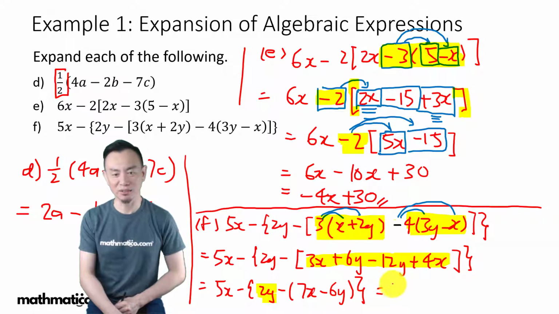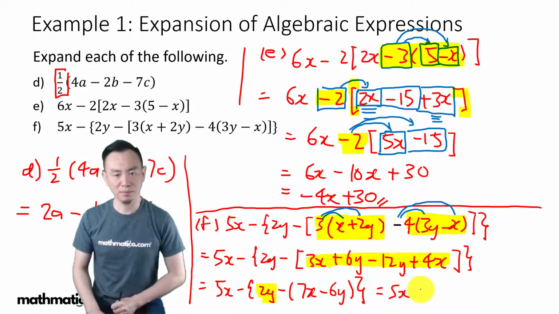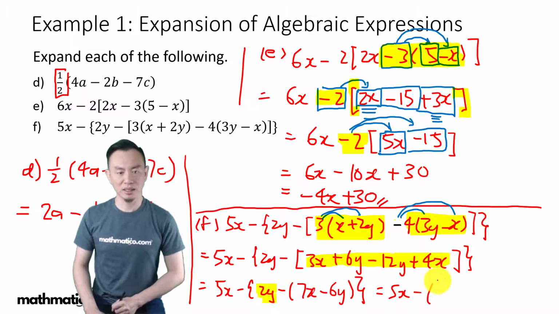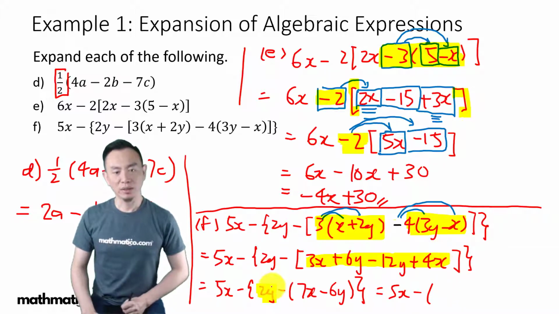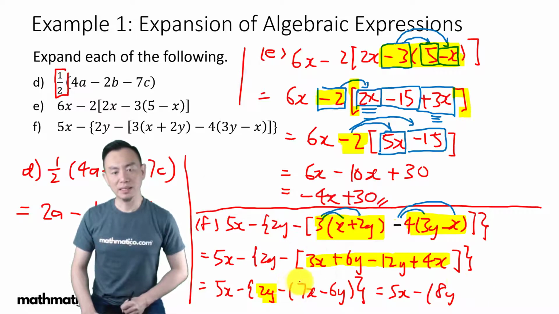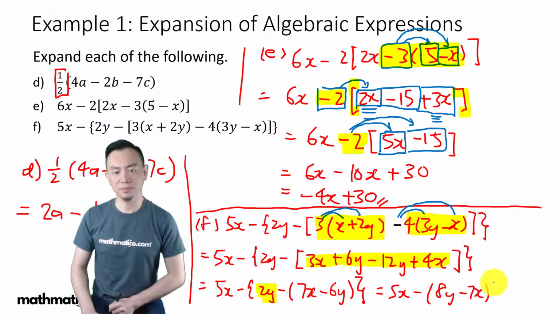So I'm going to do a bit of skip steps here. 5x minus, okay, I'm going to keep this round bracket still, but I'll just write it as a curved bracket now, normal bracket, with 8y in there because it's 2y minus negative 6y. Minus negative is plus, so 2 plus 6 is 8y. This minus given to the x is just a minus, okay? So minus 7x.